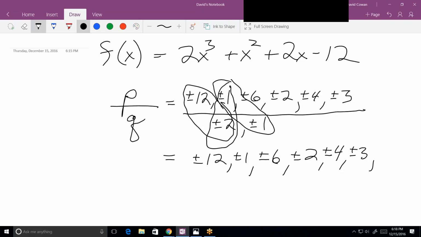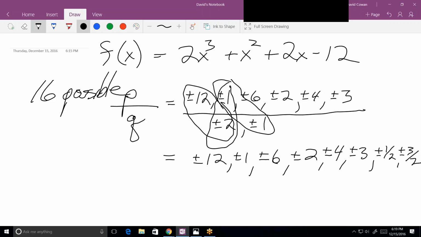In other words, we can have 1/2. 4 halves is the same as 2, but we can have 3 halves. So we picked up a 1/2 and a 3 halves. See how I got all of those? That's 1, 2, 3, 4, 5, 6, 7, 8 times 2. There are 16 possibles.